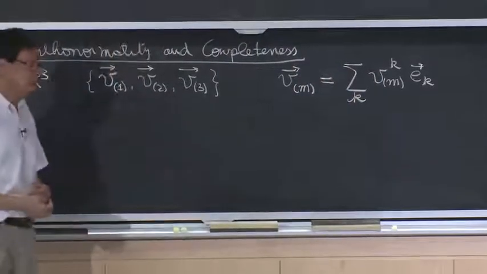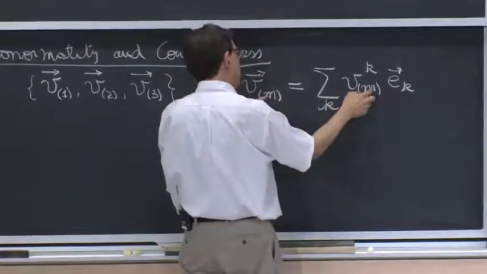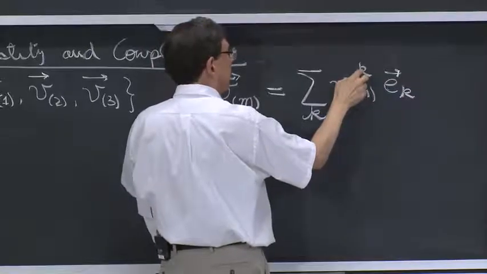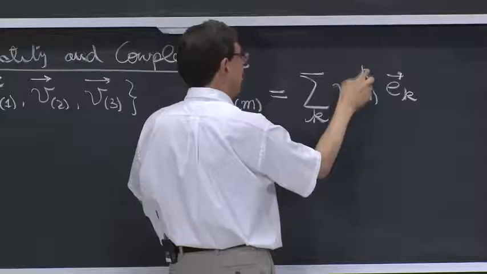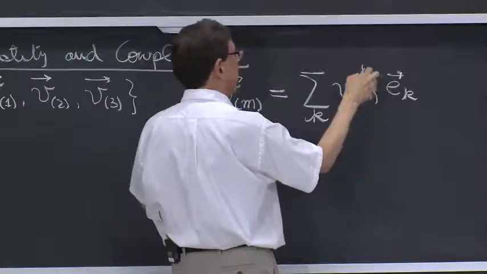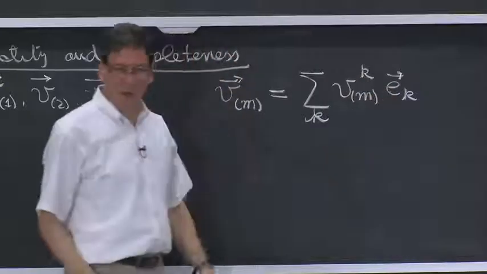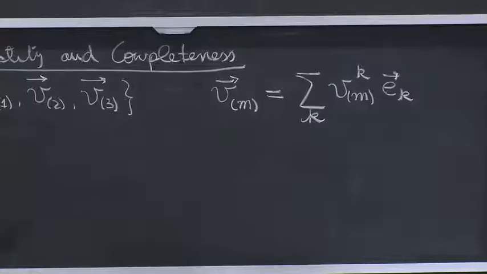So what do you have there? You have, for every m, 1, 2, or 3, the sum over k, that also will run from 1 to 3, because they have three components. The first component times the first unit vector, the second times the second unit vector, the third component times the third unit vector. So these are our vectors.